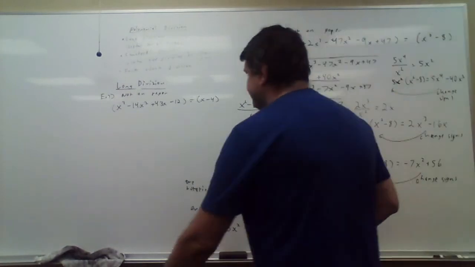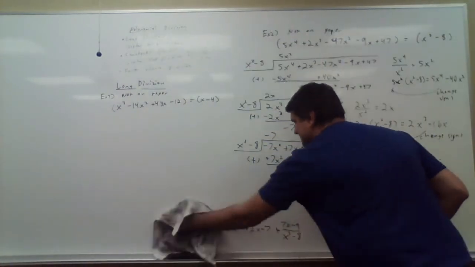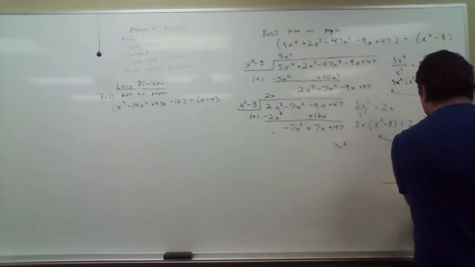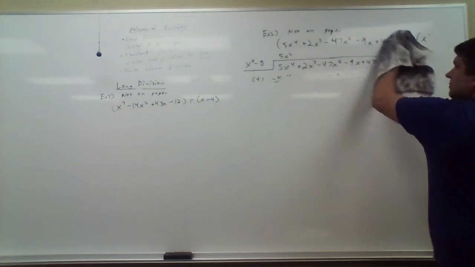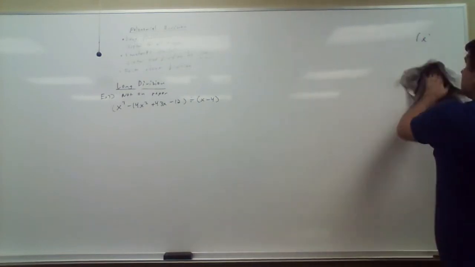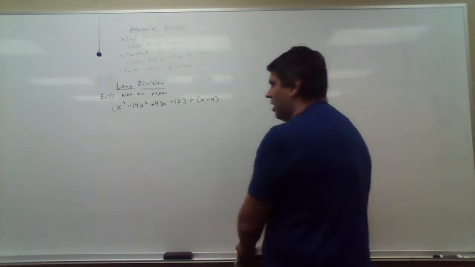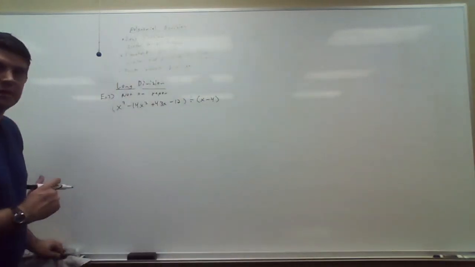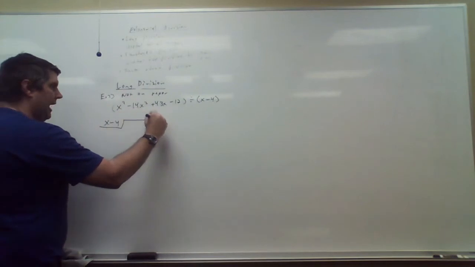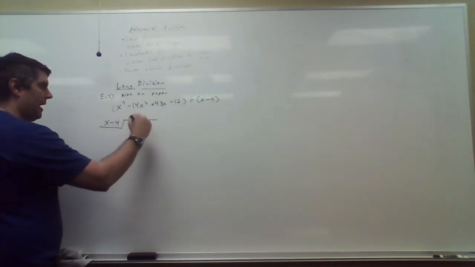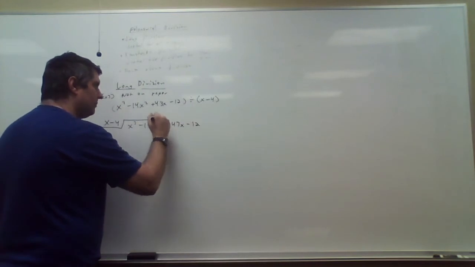Okay, so my first order of business is to set up a division box. X minus 4 and x cubed minus 14x squared plus 43x minus 12.